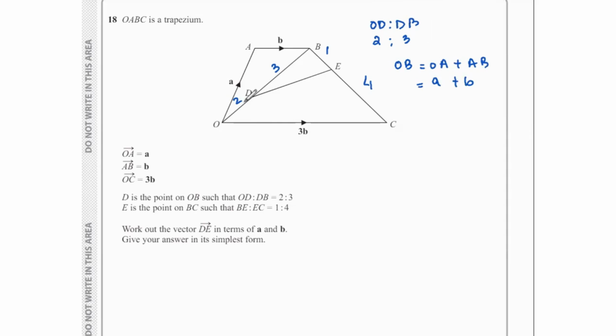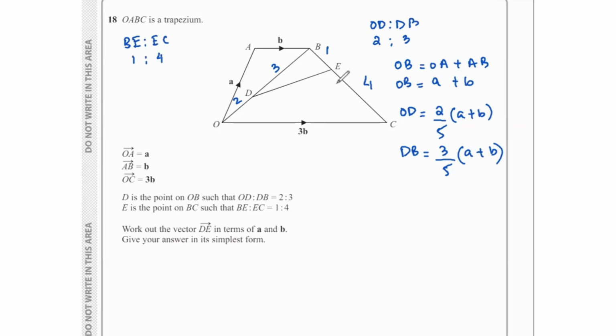Since OD and DB lie on OB, OD is going to be 2/5 of a plus b, and DB is going to be 3/5 of a plus b, which is OB. Similarly, BE is to EC is 1 is to 4, so let's first find BC.